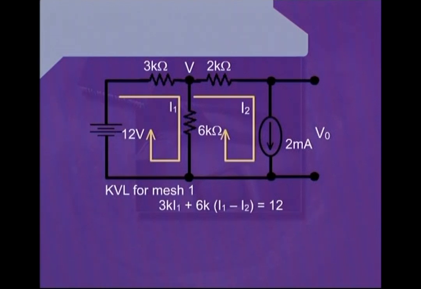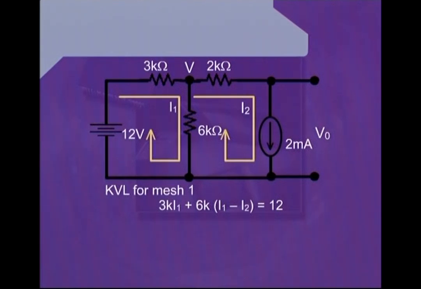After writing this, we reach across the 6 kilo ohm resistance and we are at the bottom of the circuit. And because we have to close down the mesh, we will be looking towards the 12 volt source, and we can also see that the negative terminal of this 12 volt source has been attached to that point.